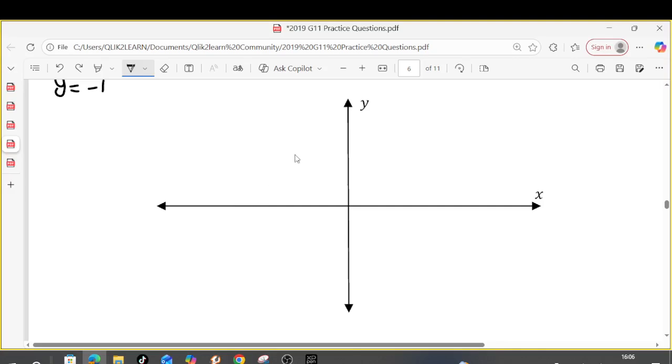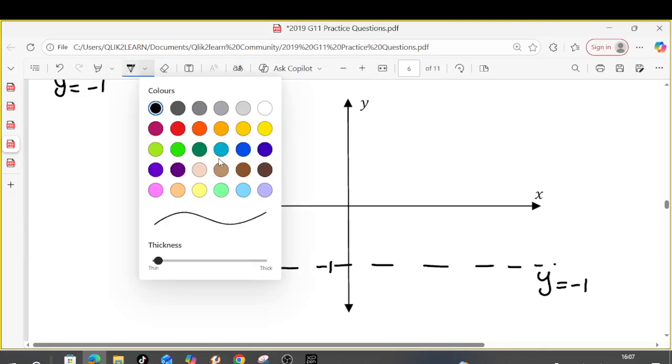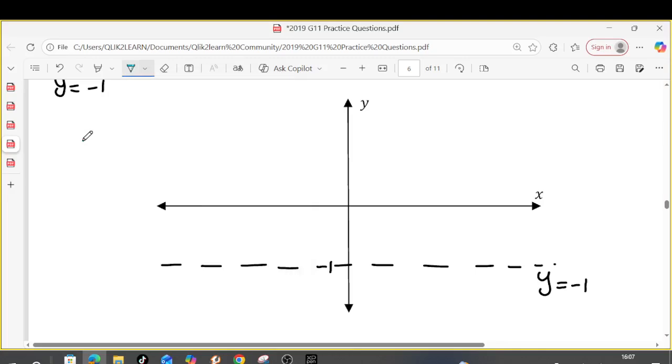This is my horizontal asymptote. It's at y equal to negative 1. Maybe we should put that one with a different marker for everyone to see it. This is negative 1.